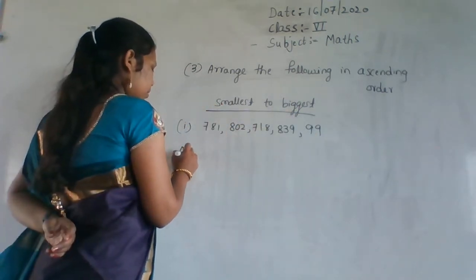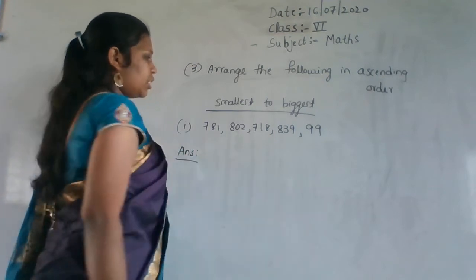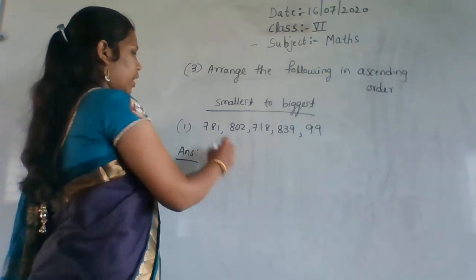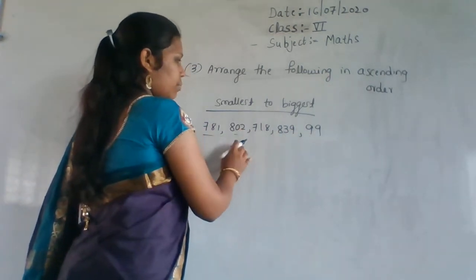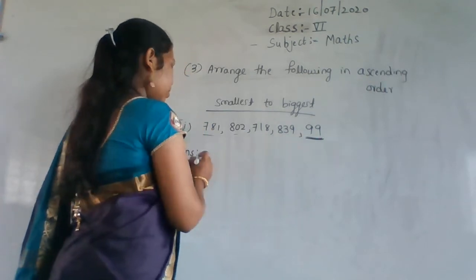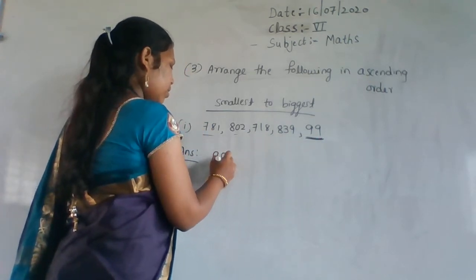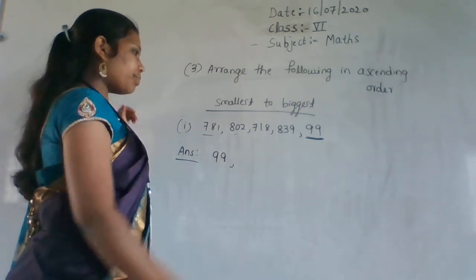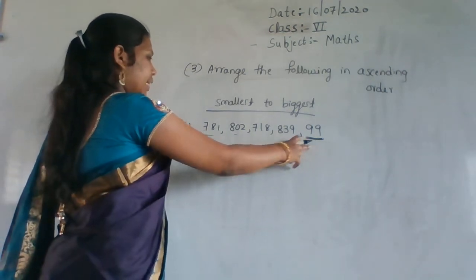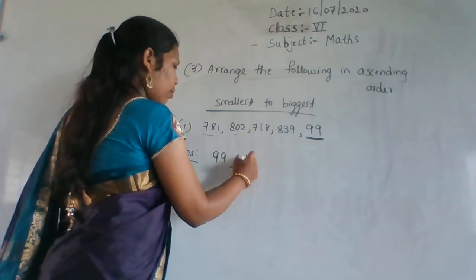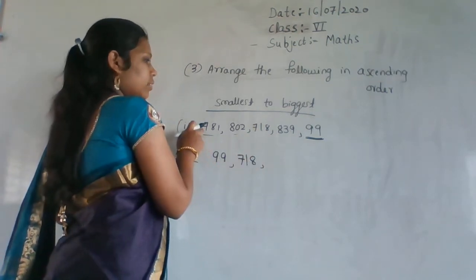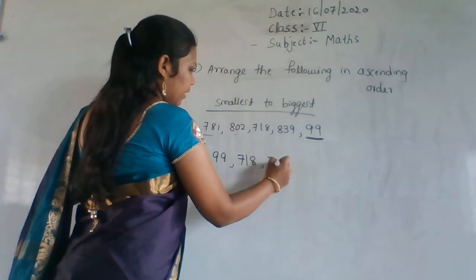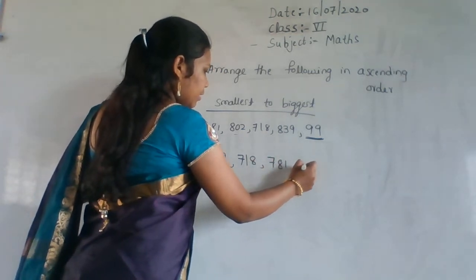So which is the smallest number here? Observe every number here. So this is the smallest number, so I am writing that first. After that, which is the smaller? After 99, 718 is the smaller number. After that 781, then 802.